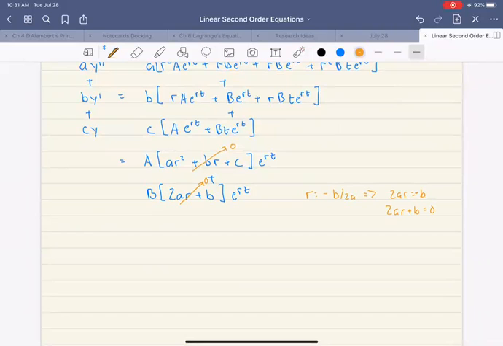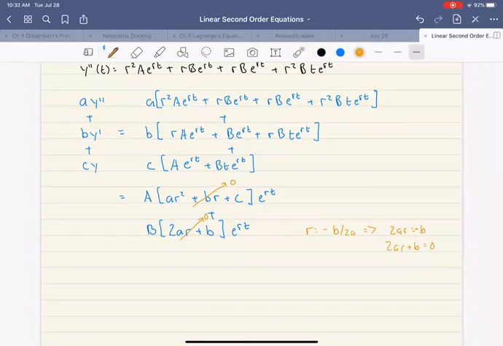Now let's look at the T term, the term that has Bt. Let's factor out a Bt, and we have AR squared plus BR plus C, that's over here, times e to the rt.